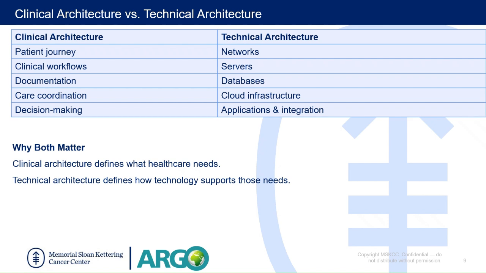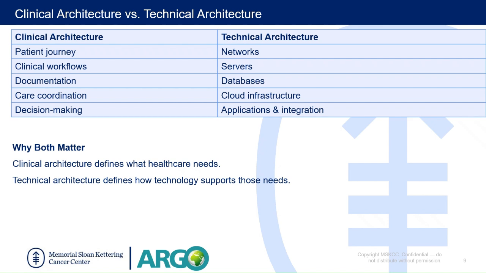Now, looking at the table we have here, we've tried to break down architecture into 2 buckets, so to say: the clinical architecture and the technical architecture. The clinical architecture includes things like patient journey, clinical workflow, documentation practices, care coordination, and clinical decision making, right?